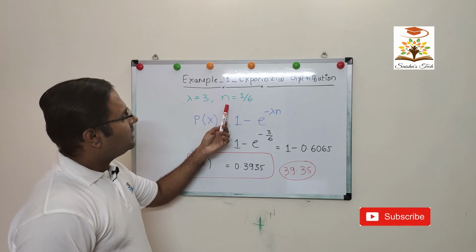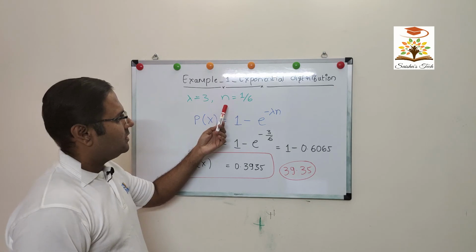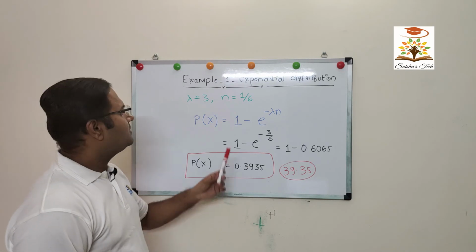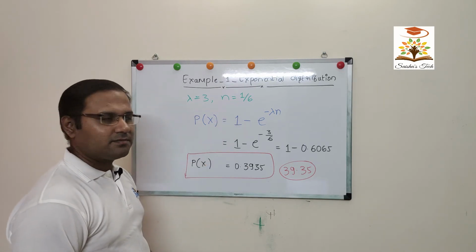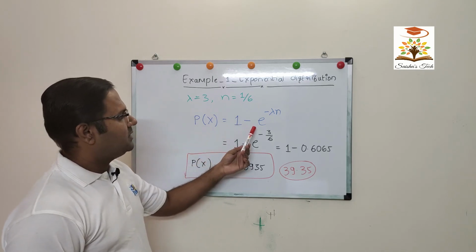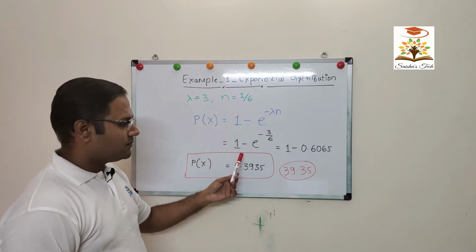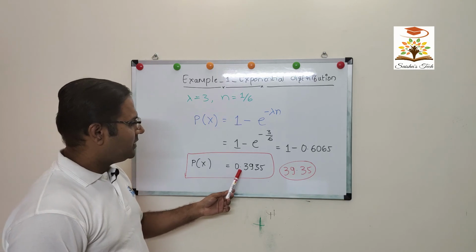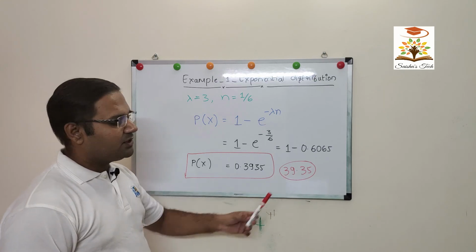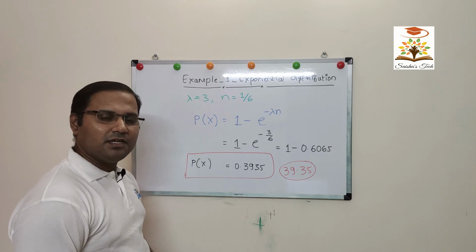We want to analyze the next 10 minutes, that is 10 divided by 60, that is 1 by 6, hence n is equal to 1 by 6. The probability density function for exponential distribution is 1 minus e raised to minus lambda n. Substituting these values, we get the probability as 0.3935, which means there is a 39.35% chance that a person will visit the website in the next 10 minutes.